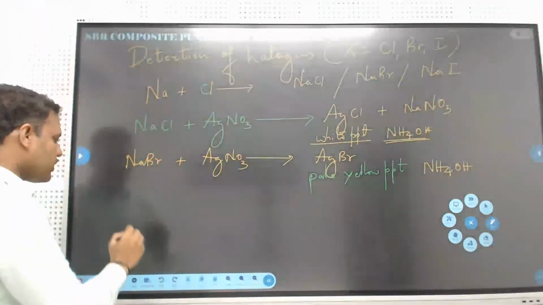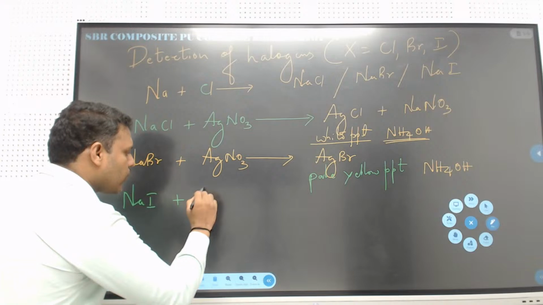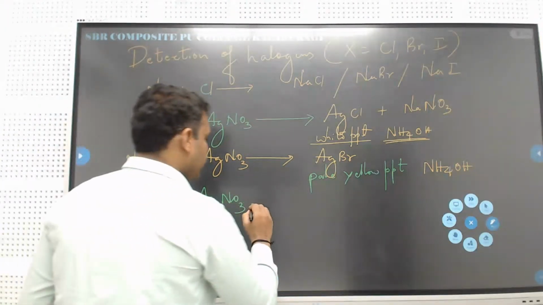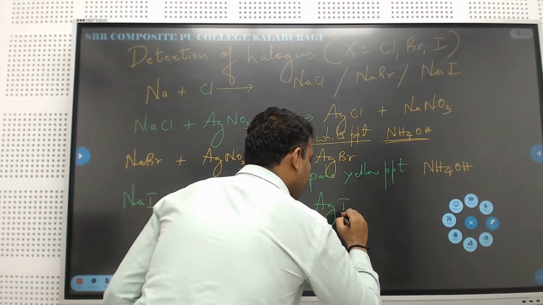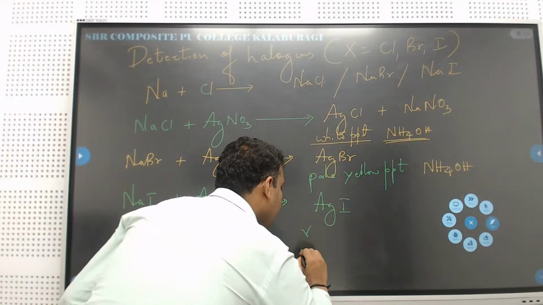And if the halogen was iodide, then on addition of AgNO3, we will have precipitation of iodide as AgI, which will be a yellow precipitate.